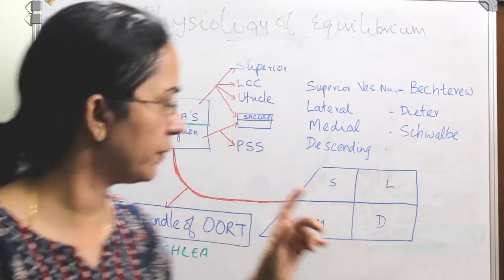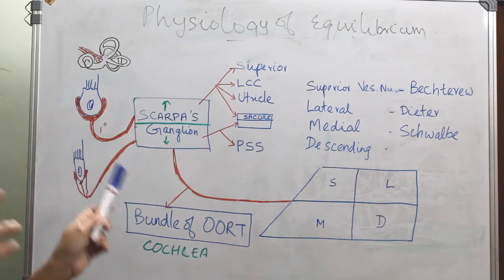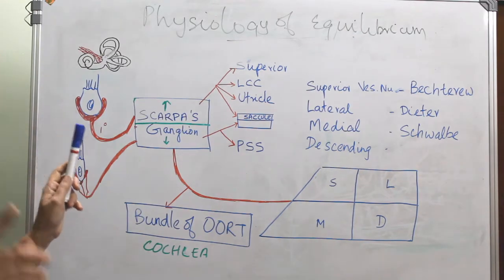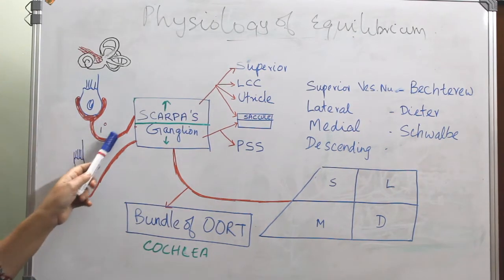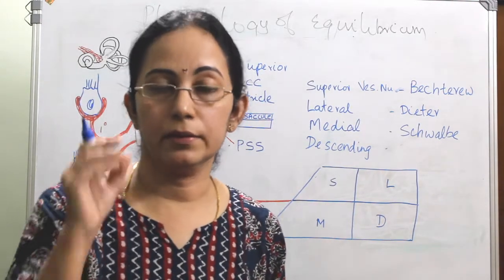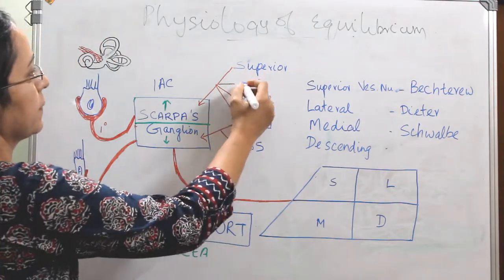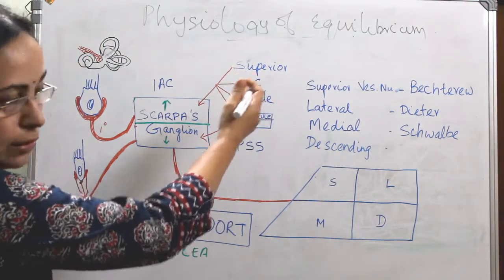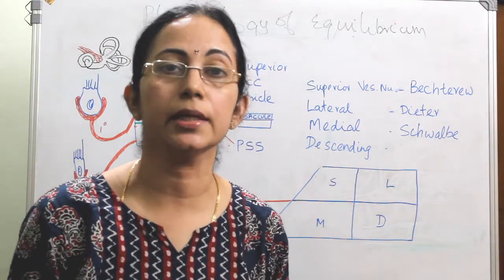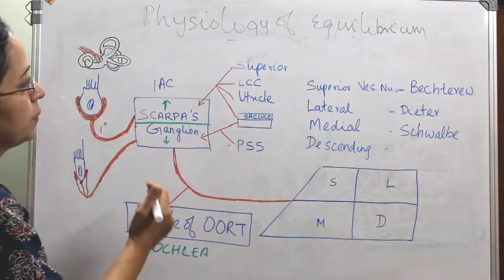So what happens? The afferent fibers from both type 1 and type 2 hair cells, the primary vestibular neurons, will go to the Scarpa's ganglion. The primary vestibular neurons situated in all these parts will go to the Scarpa's ganglion, which is situated in the internal auditory canal, and this Scarpa's ganglion has a superior portion and an inferior portion.